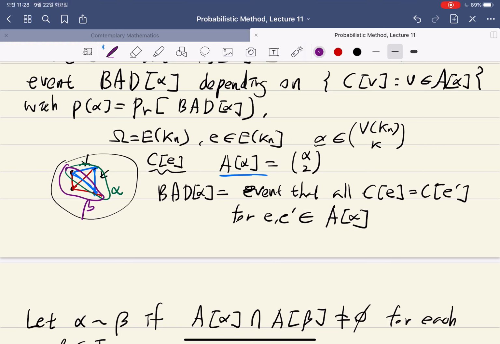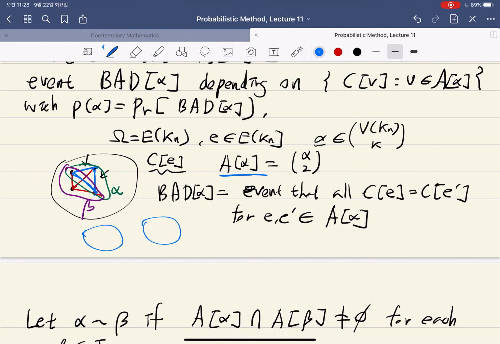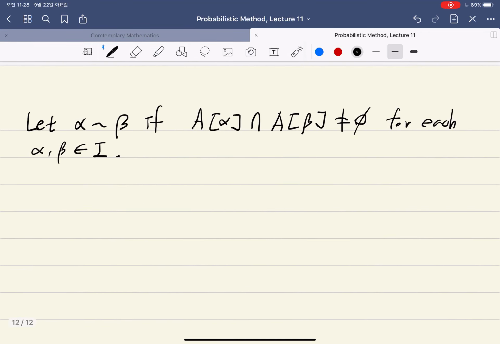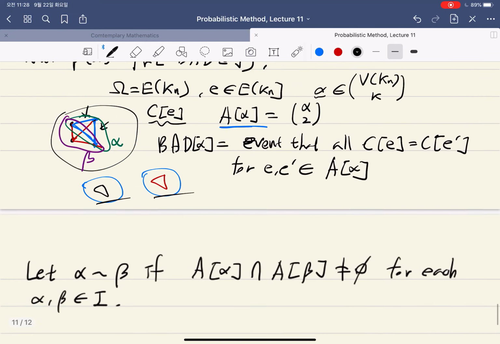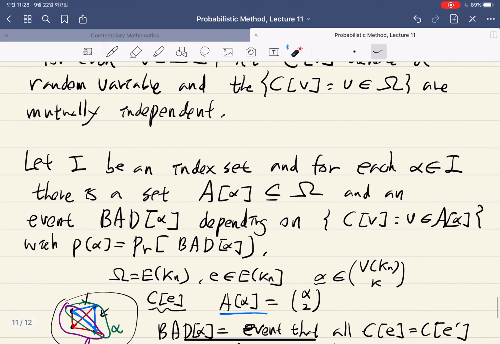This related notion indicates whether the two bad events are dependent on each other or not. In this case, they share this edge together, so they are dependent. So they are not independent. But if we have two sets here and here, which are edge disjoint, then those events are independent. So this is our setup. And many of our applications of the local lemma can be rephrased using this setup.